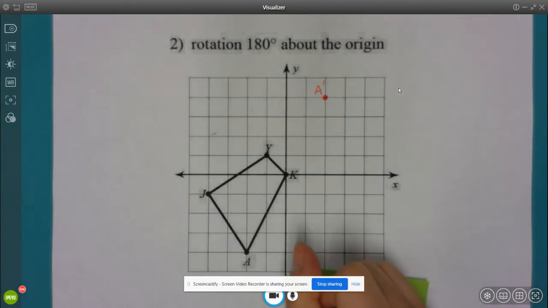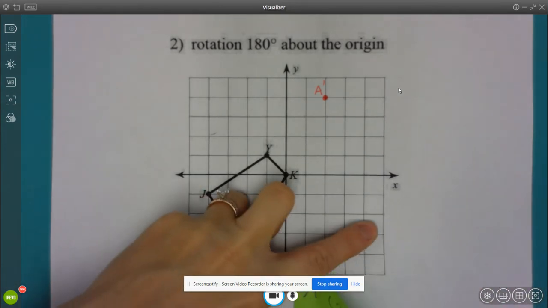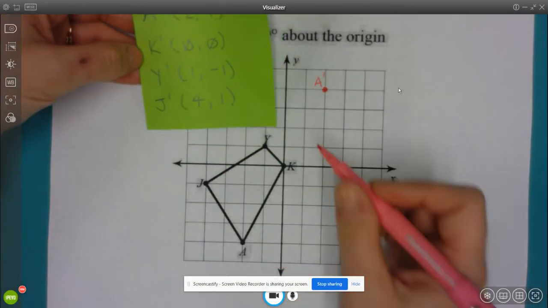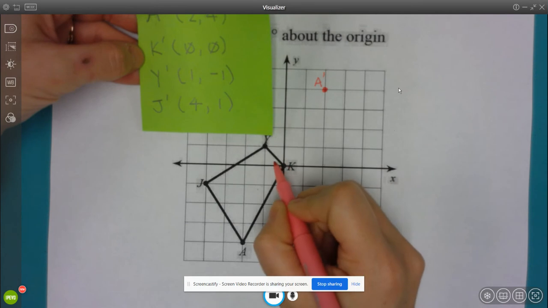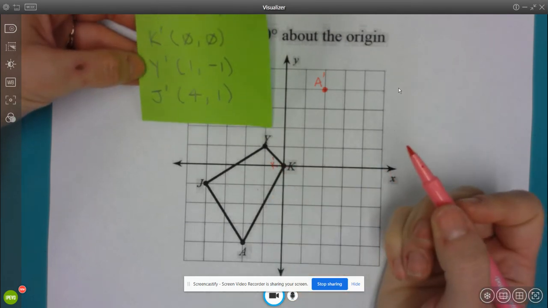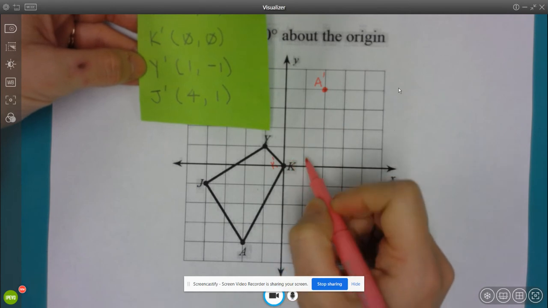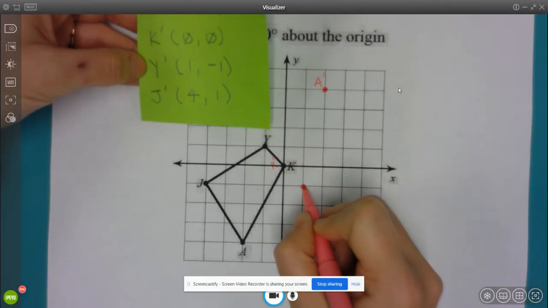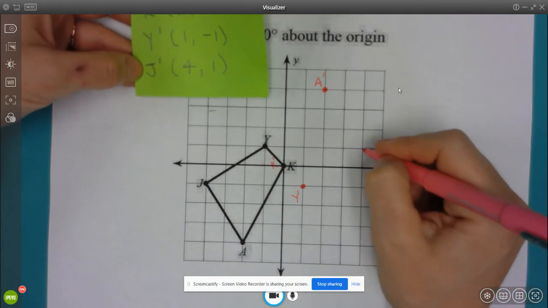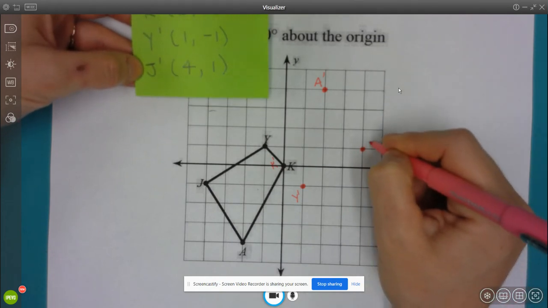I'm so sorry. Okay, K prime is going to stay where it was, so this will also be K prime. Y prime is at 1, negative 1. And J prime is at 4, 1.